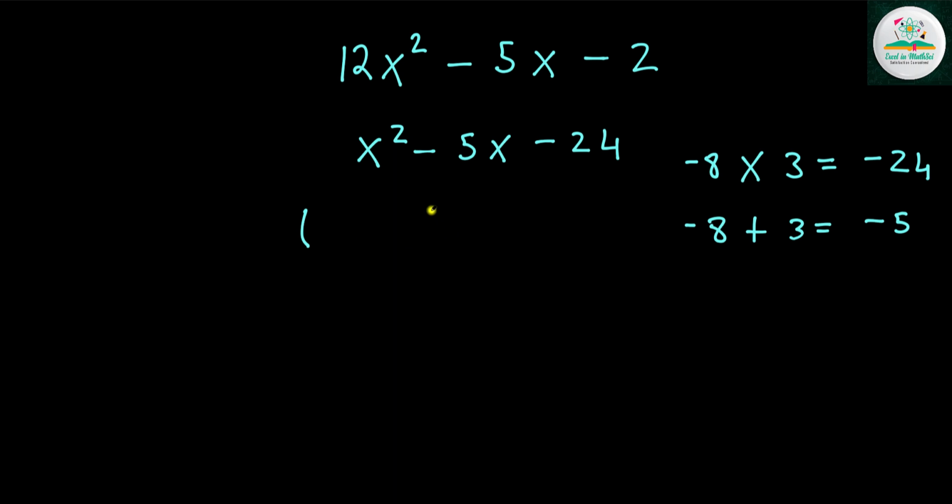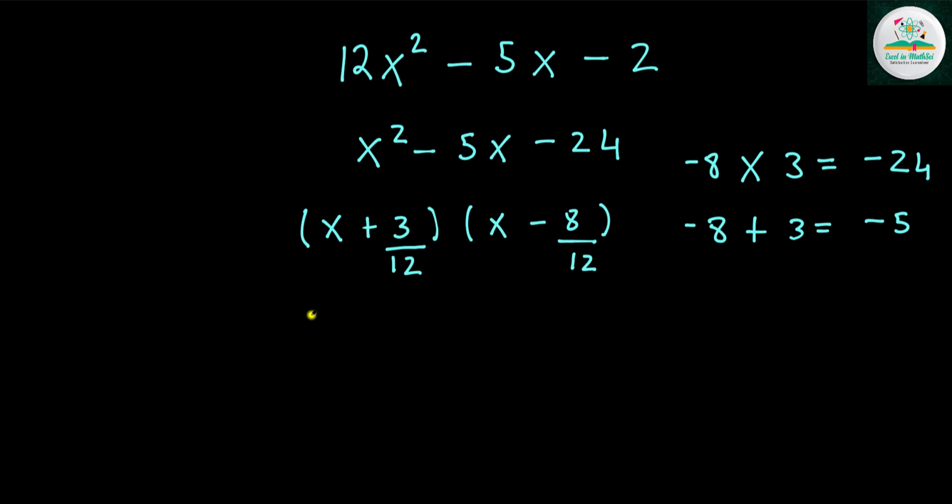So this factorizes to the following two linear expressions: x plus 3, x minus 8. And if you look at the top again, we remember we multiplied the constant by the 12, so we must divide both of these by 12.